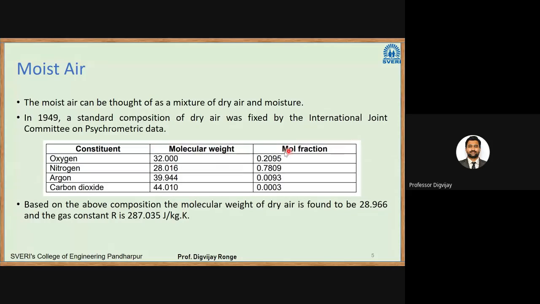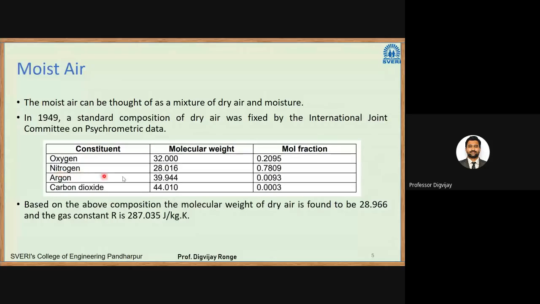First, oxygen. We know its molecular weight is 32. If you take 1 mole of dry air, what will be the mole fraction of oxygen? That will be 0.2095, or generally we say 21%. On an average, we say 21%. Second is nitrogen.